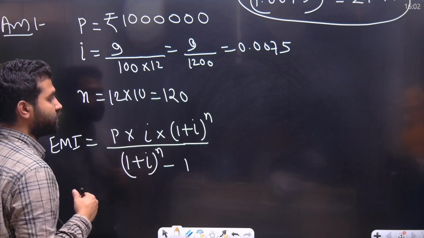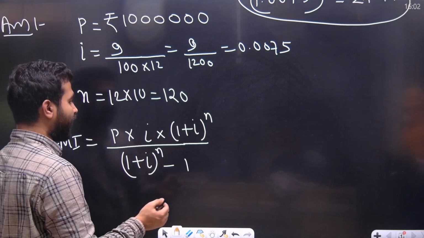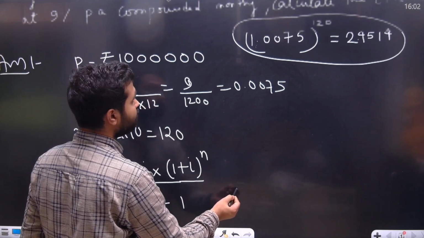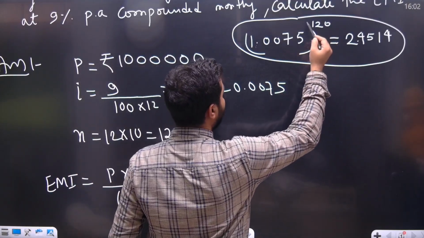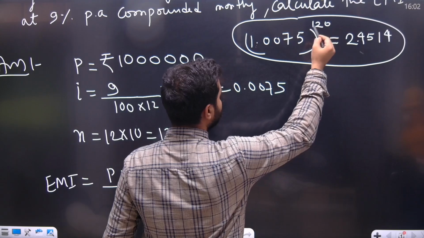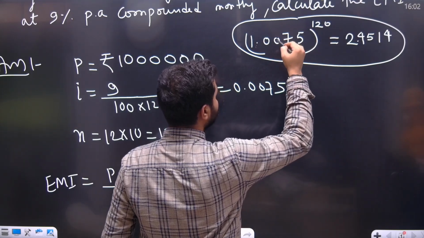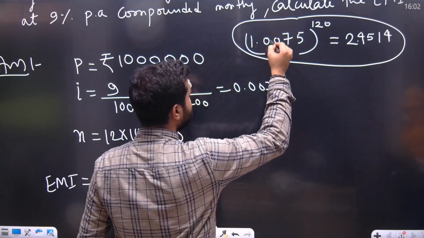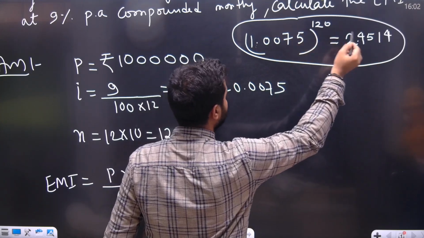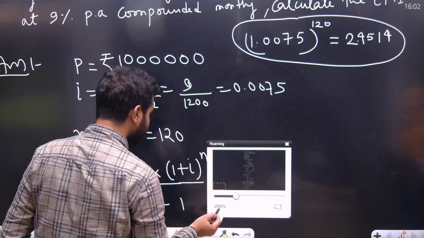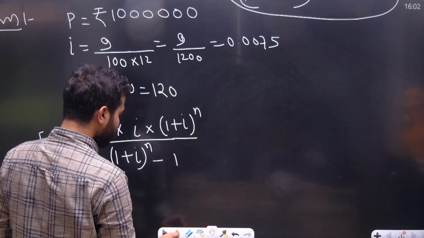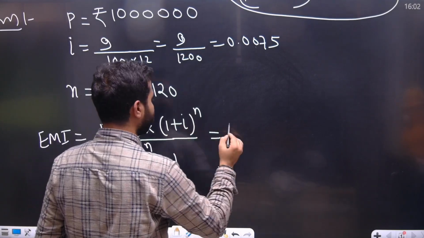You can also use this because I am not using this minus n since the value of 1.0075 to the power 120 is given, right? The value of 1.0075 whole to the power minus 120 is not given, so that is why I am not using the minus n formula.